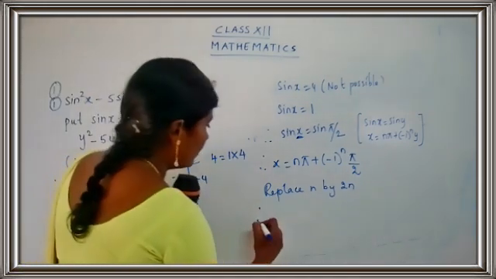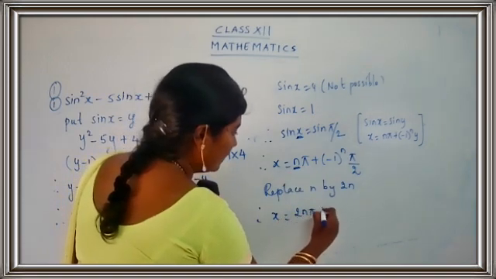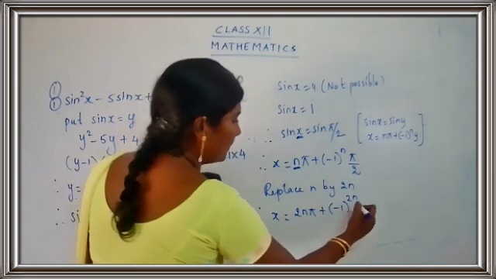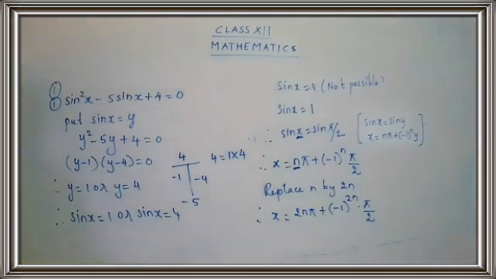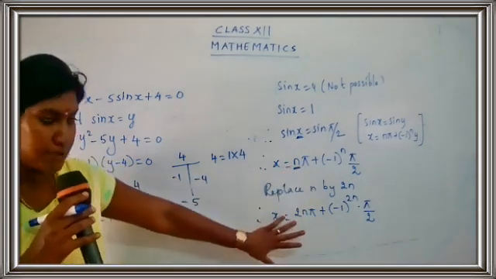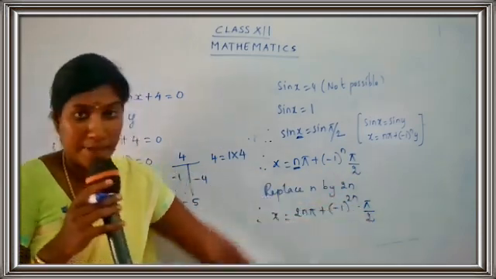Therefore, x is equal to, here n is there, so I get 2n pi plus minus 1, the n will become 2n, pi by 2. So wherever you have n, you are going to put it as 2n. So x is equal to 2n pi plus minus 1 the whole raised to 2n into pi by 2.